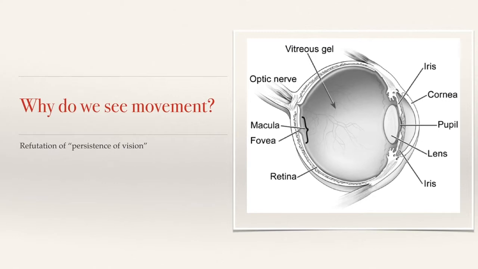You may have heard of a theory called the persistence of vision. It's an early theory which has been refuted. So when you hear someone talking about persistence of vision, you can gently remind them that it was refuted around 1914.